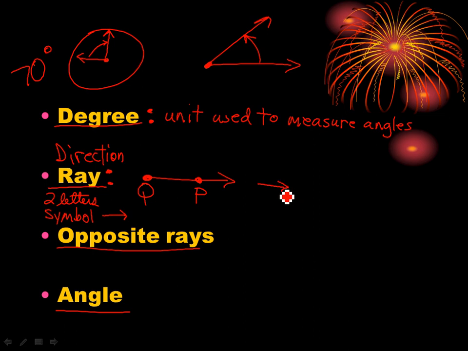Anybody have a guess how you're going to name this ray? QP. Why do we start with Q? Because that's where you start, and then having the P on the other end tells us that ray goes out in that direction forever. All right? What if I did something like this?